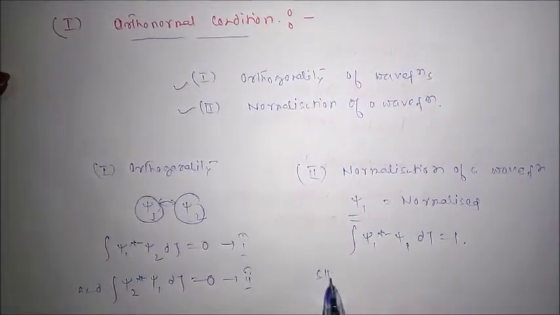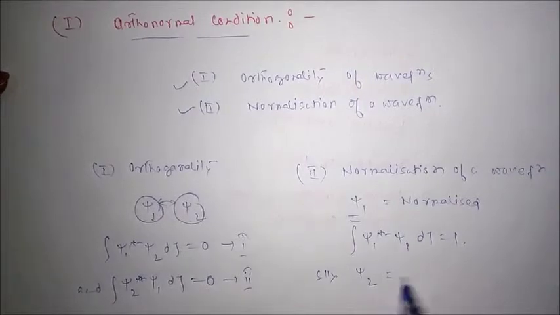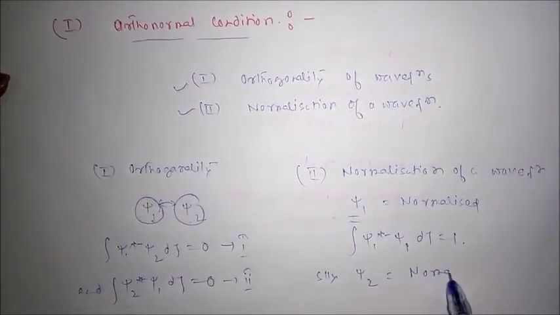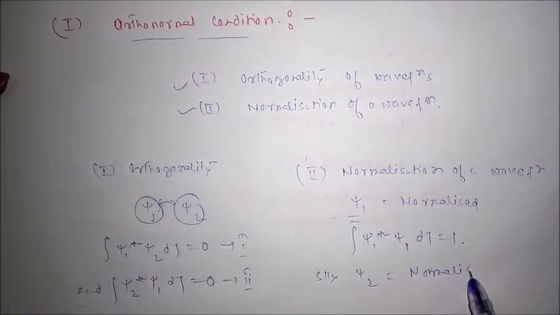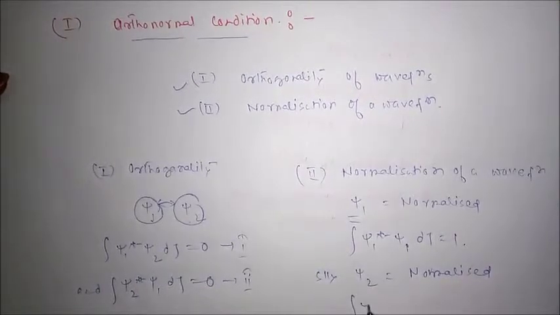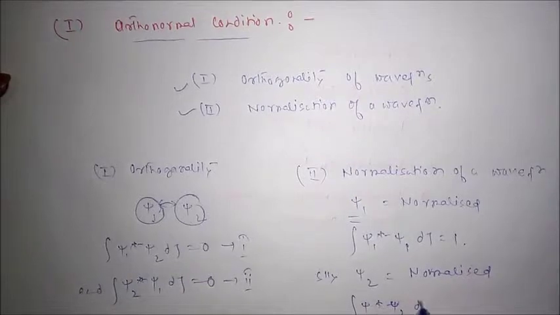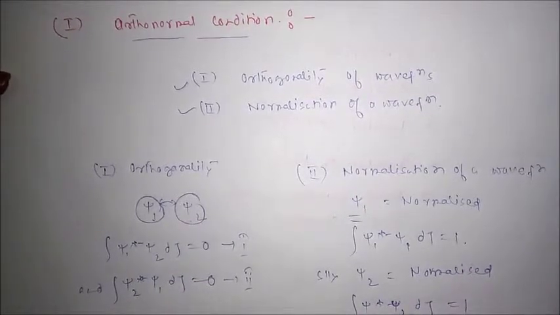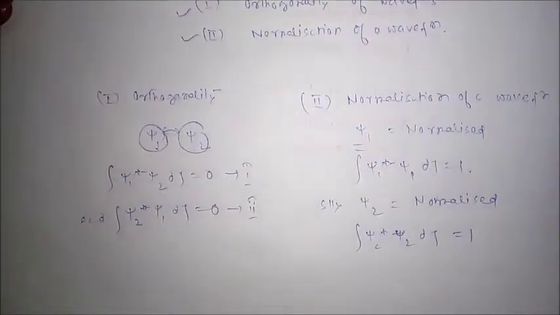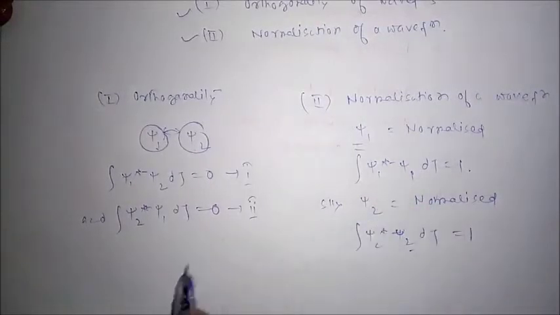Similarly, psi2 is also said to be normalized when it satisfies psi2 star psi2 d tau equals 1.